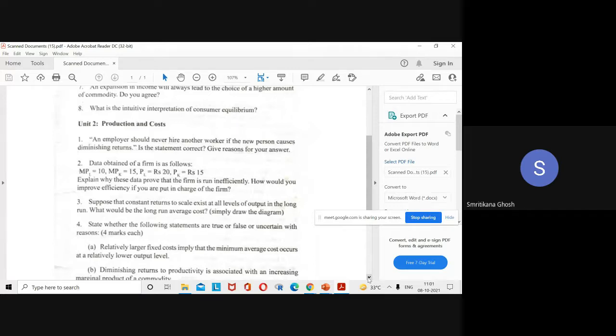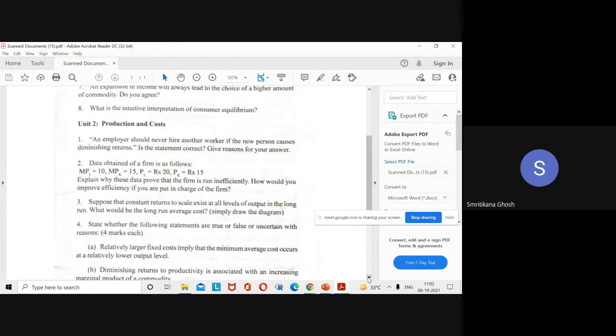Question number 1. Ma'am, only if the MPL is not negative, then the employer can employ that worker. Very good, exactly.